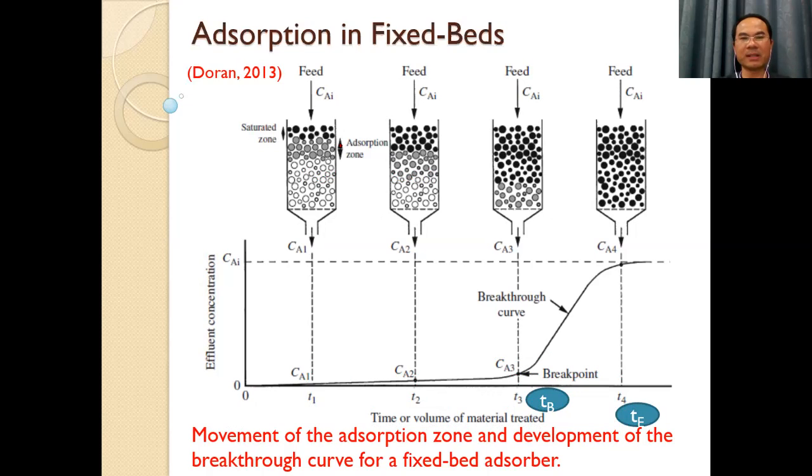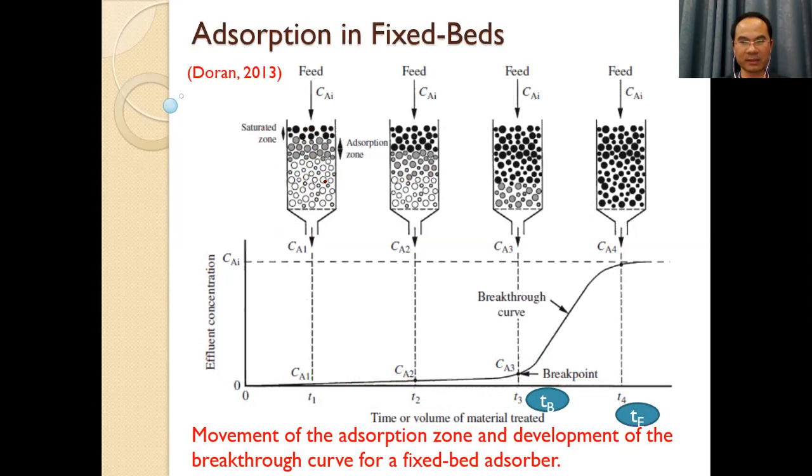That means the adsorbent and adsorbate: adsorbate is adsorbed or accumulates on the surface. The empty symbol means only the adsorbent, with no adsorbate accumulated on the surface.